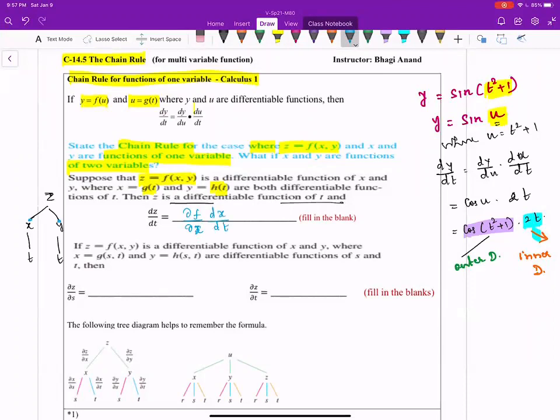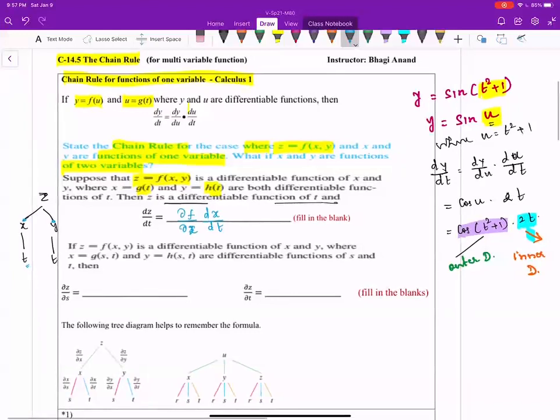But x and y are functions of single variable t only, so you use the derivative symbol dx by dt, then plus dou f by dou y, the partial derivative of f with respect to y, times dy by dt.